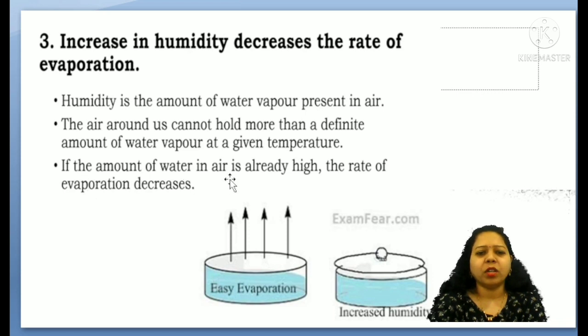If the amount of water in air is already high, the rate of evaporation decreases. We know that in summer rate of evaporation is more and in rainy season evaporation is less because of the humidity which is present in the atmosphere.